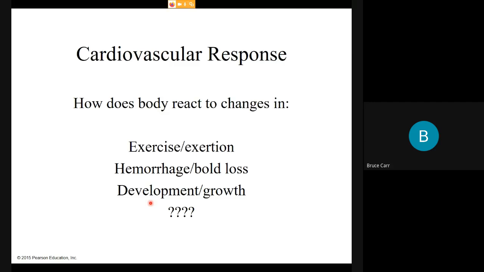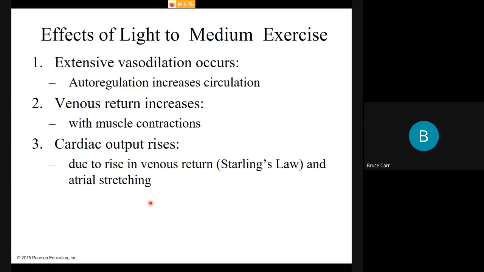In what we call the fertilized egg, which quickly goes to the zygote, to the embryo, to the embedded embryo and the development of a recognizable fetus, right up to the point where the cardiovascular system is ready at birth to perform on its own.